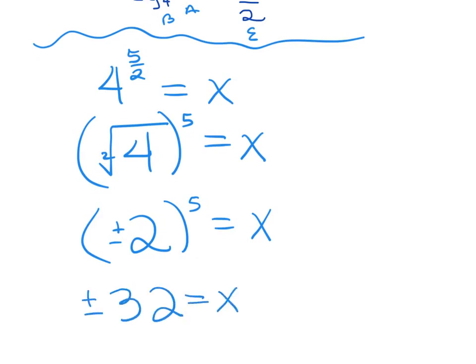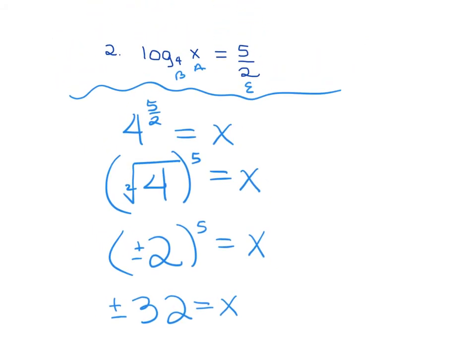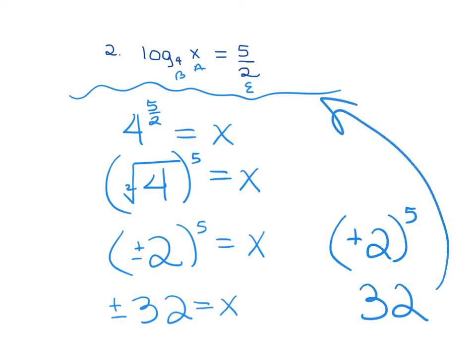What we're going to learn with this log section is we cannot find the log of a negative number. So when we're asked to solve something like this and it's a log equation, we're going to throw out the negative number. So what I needed to do here, instead of doing plus minus 2, I'm just going to keep the positive 2, and then the answer is only 32 for the log.